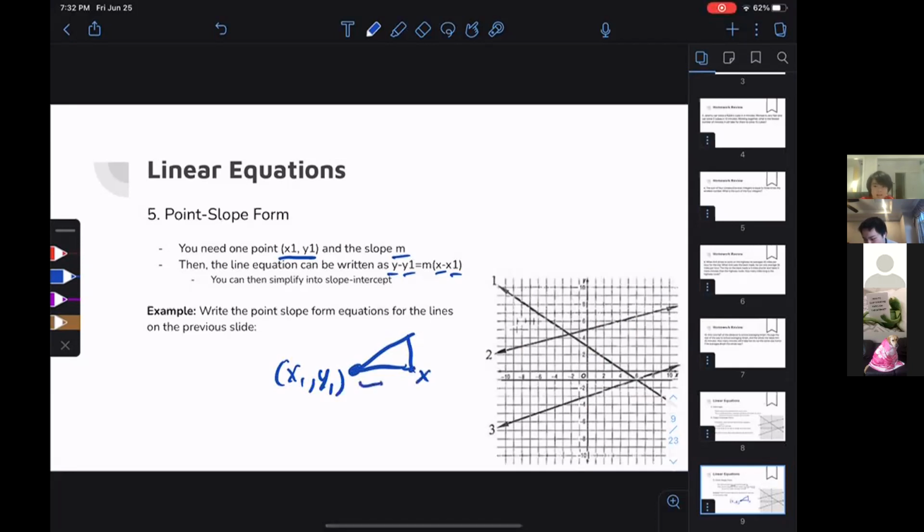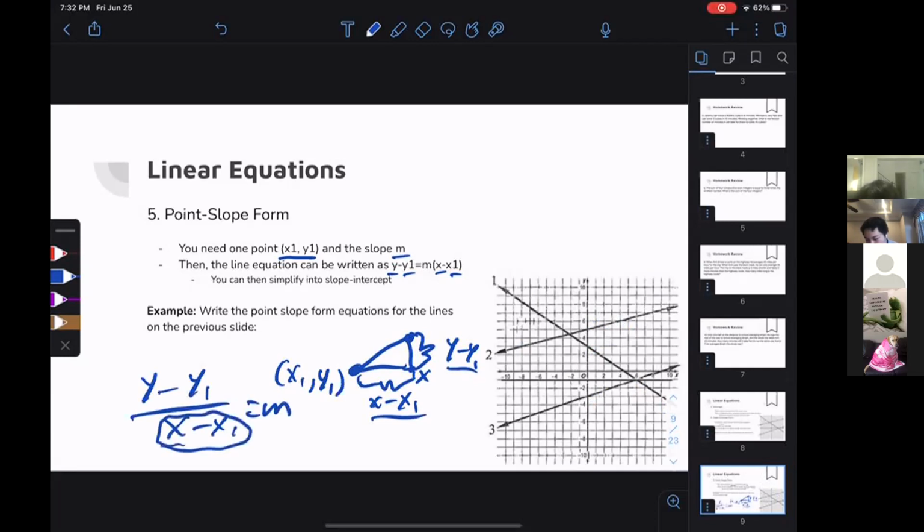So then this is x minus x1, the change in x. And then you have the y coordinate, which is y minus y1. And then by definition of slope, this divided by this is equal to the slope. So yeah, that basically gives you the equation. You just multiply both sides by this, and you get point-slope form.